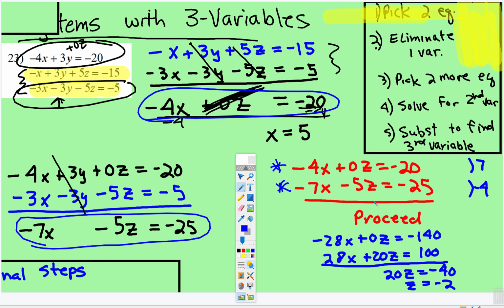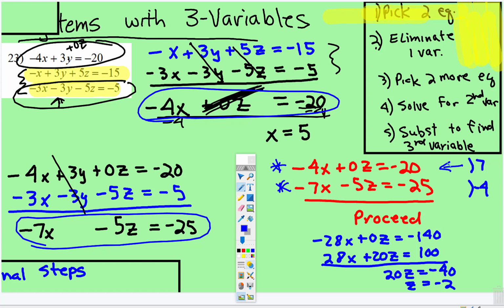Now, you would have to proceed because the x variables don't zero out and the z variables don't zero out. So I want these to zero out. I'm going to multiply this top row by positive 7 and the bottom row by negative 4. That way the x's will cancel.